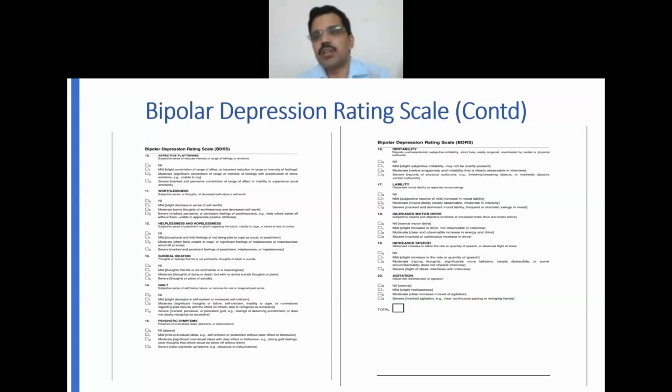Each item has 3 scores, and 20 items are there, so 60 is the maximum score. The higher the score, the more likely we are dealing with a patient with bipolar depression.